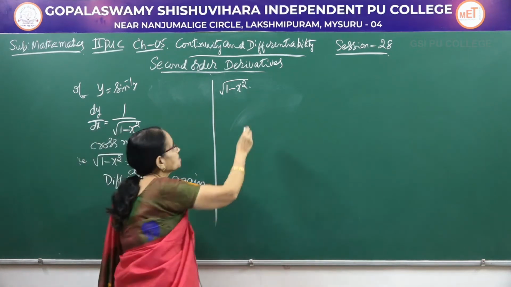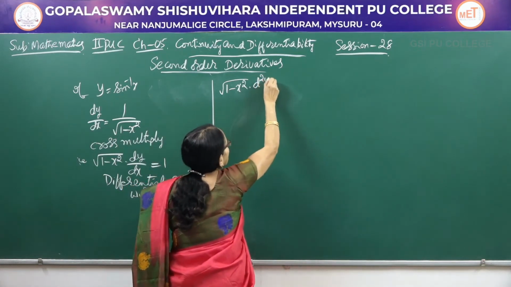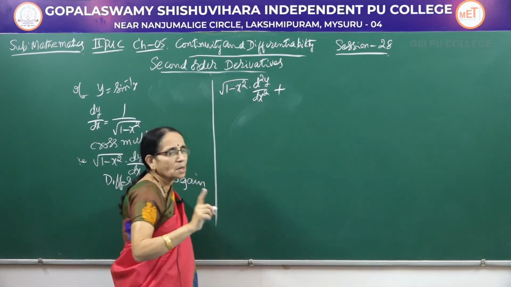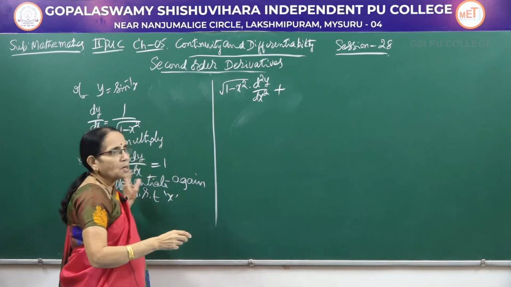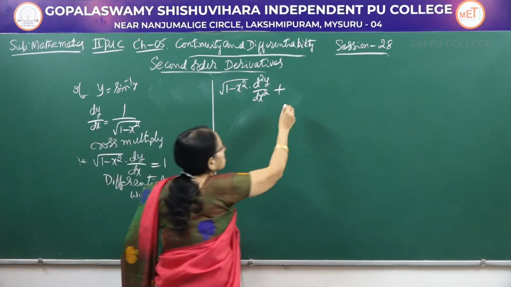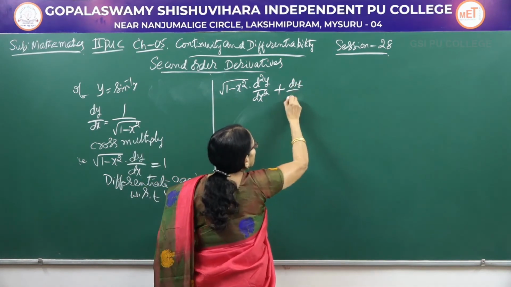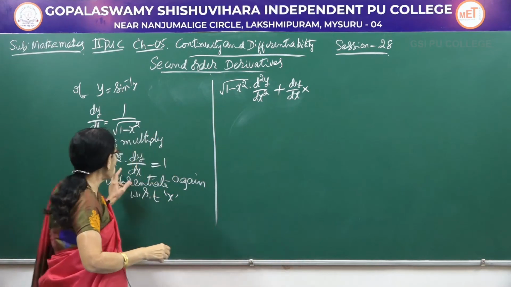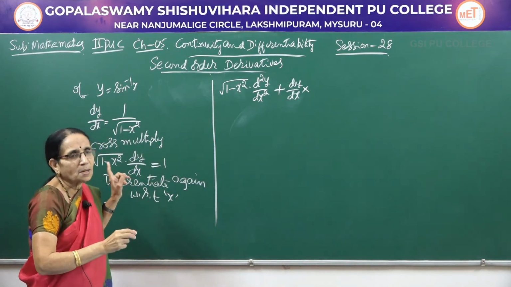When you differentiate second time, it becomes d square y by dx square. Plus, I am applying the product rule. First function into the derivative of the second, plus the second function, that is dy by dx into derivative of the first. Here you have to be careful, we are having root of 1 minus x square.